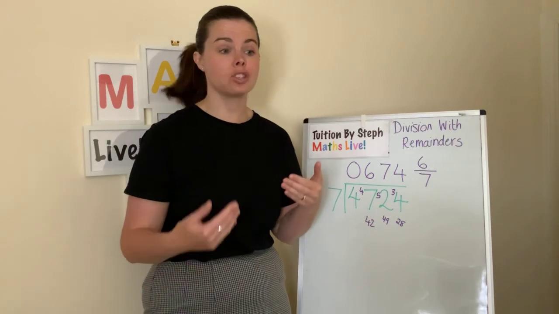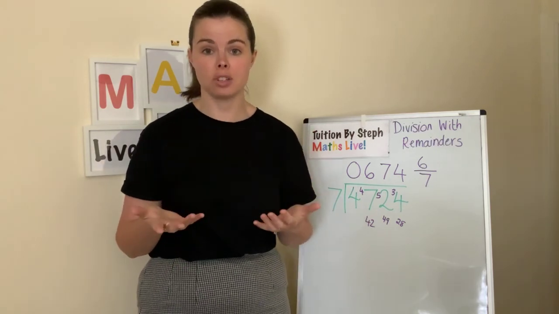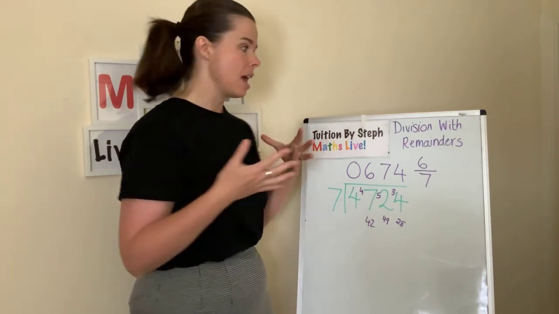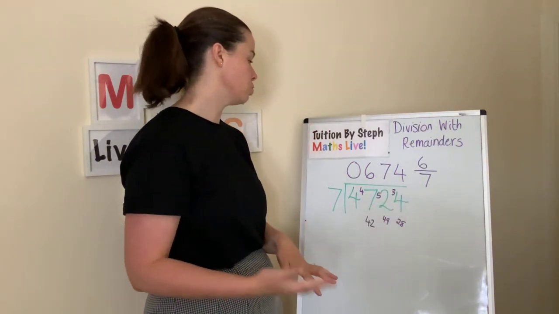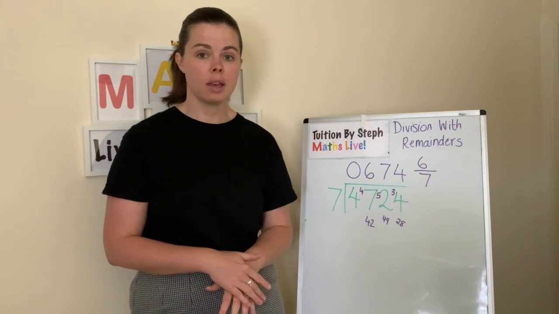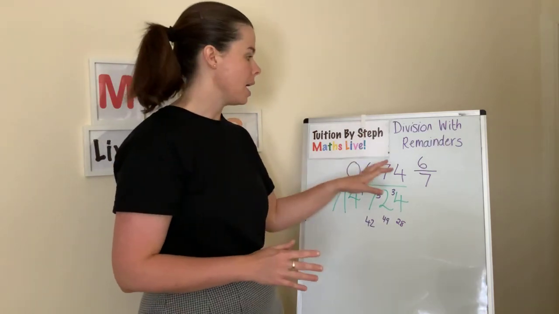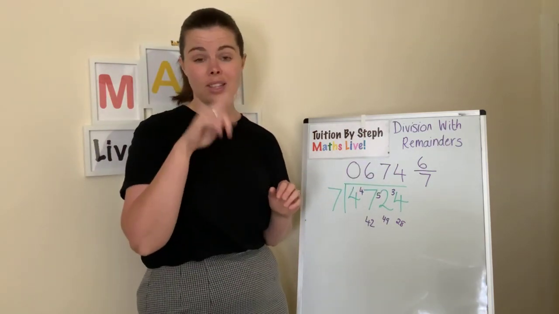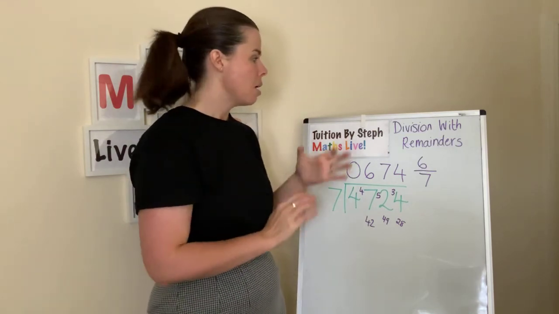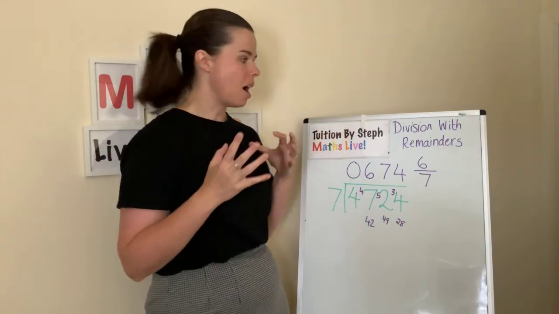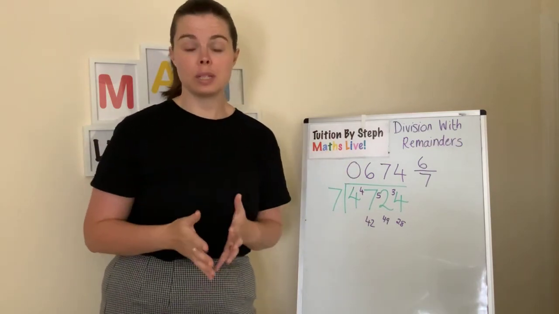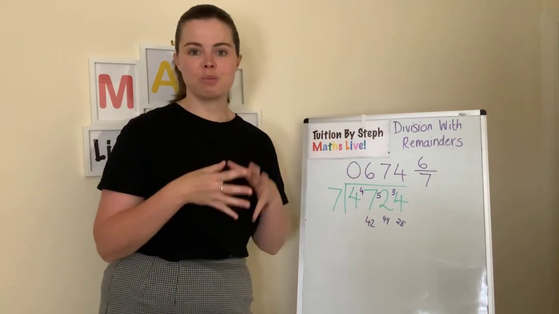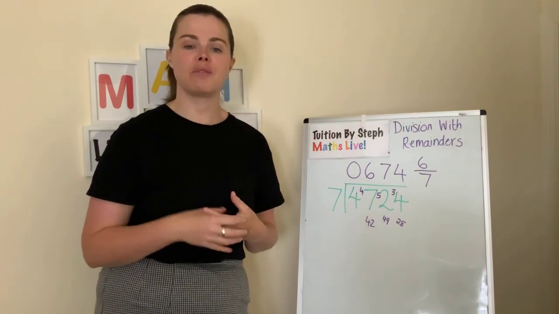Likewise, it might ask you to give your answer as a fraction. So to make that clear, if it just asks you to complete the calculation 4,724 divided by 7, okay? I mean, it's not said you can give your answer as remainder 6, but it depends on how many marks. I would say if it doesn't stipulate which one to use, you decide. If it asks you for a specific one, obviously you have to use that specific one, so it's good to practice both.